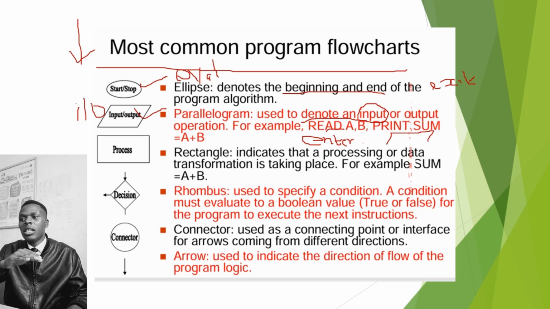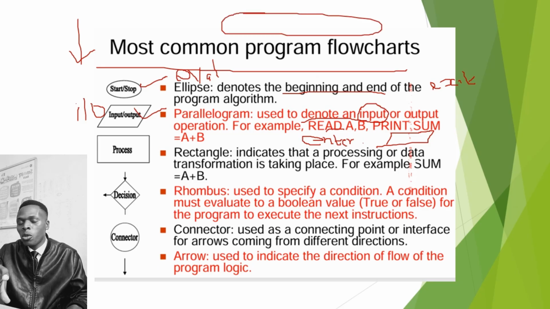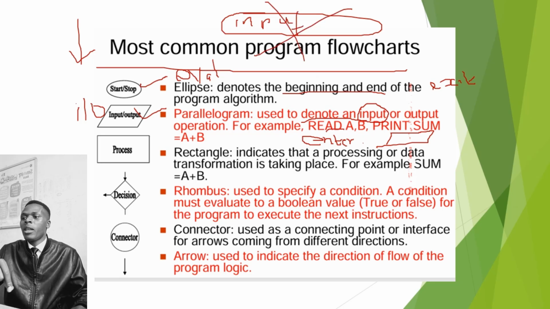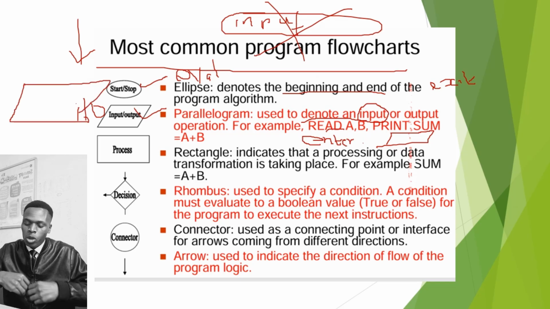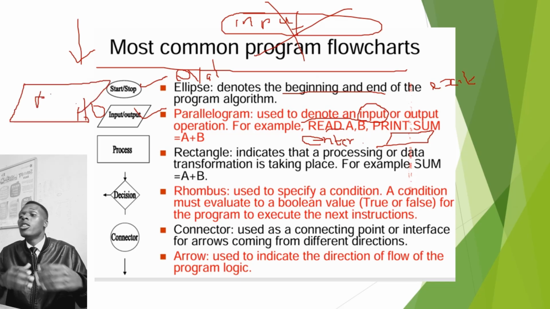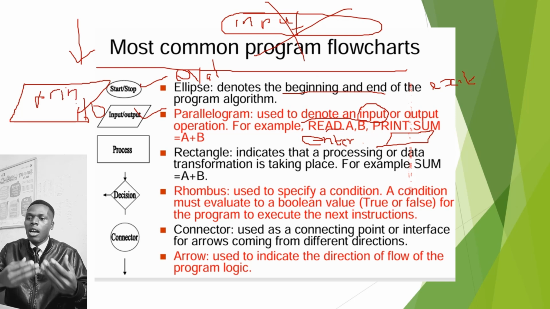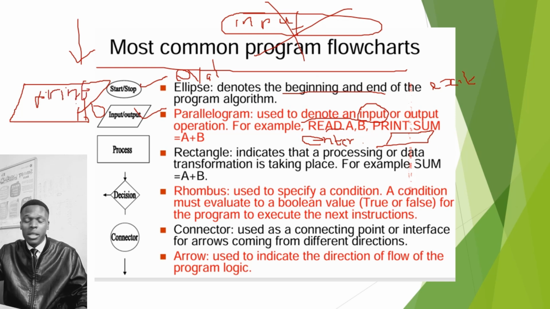You cannot draw an ellipse, this oval shape, and inside it write input X and Y. Those words are supposed to be in their own symbol. Also the output: when you want to print the output, you say print the average, print the sum, output the answer. Generating output uses the same symbol.